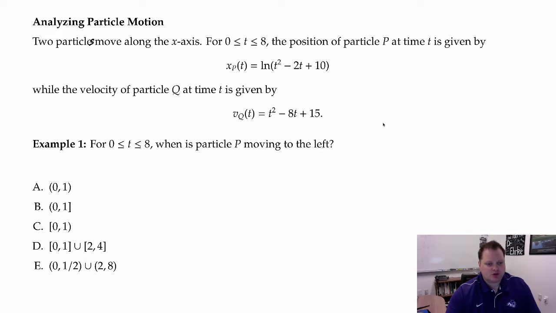So I want you to try it out, and you should be able to handle this without me saying anything more about this, because we've dealt with some position, velocity, acceleration problems already this semester. I want you to go ahead and try out this first example. On the interval from 0 to 8, when is this particle moving to the left? So I want to pause the video right here, work on that, and then come back and see if you got it correct.